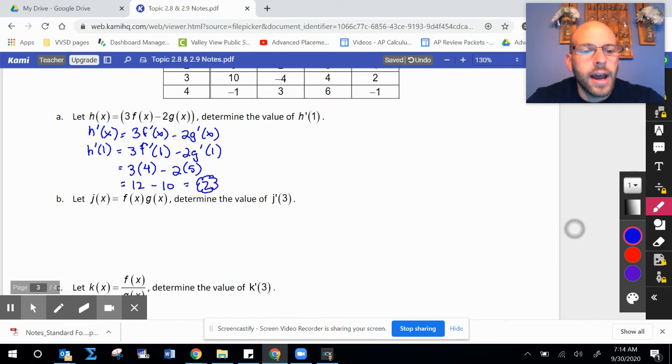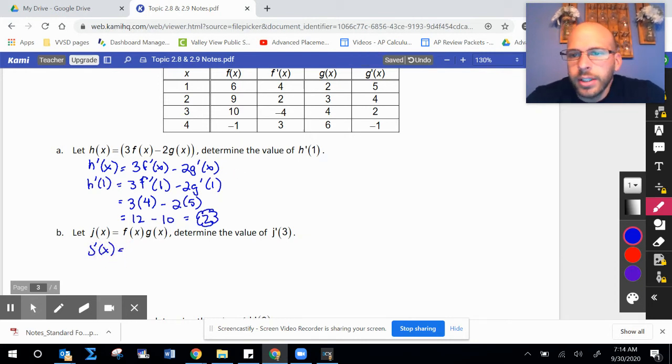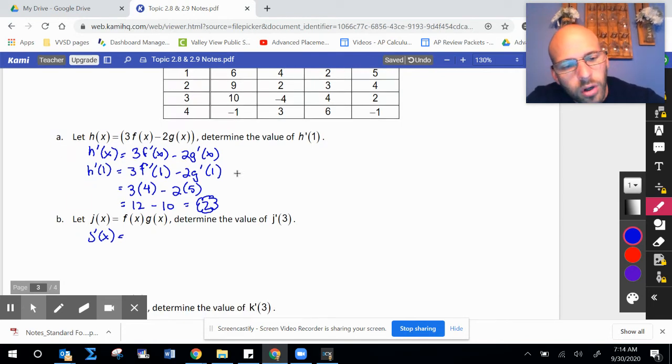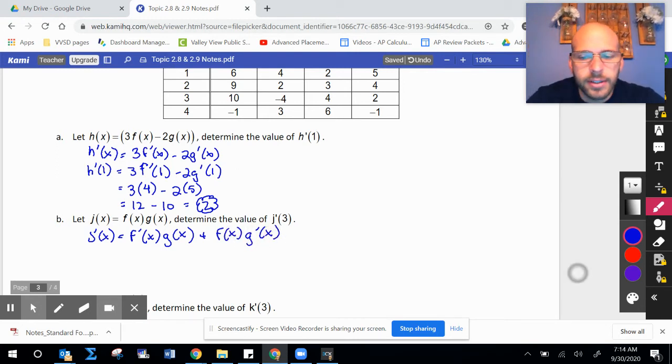Okay. Now, if you look at B, this is going to go along with our lesson today. I want j prime of x, but if you notice, f times g, that's a product. You can't just take the derivative of each piece of the product. You have to use product rule. So we're going to take the derivative of the first times the second, plus keep the first, now take the derivative of the second.